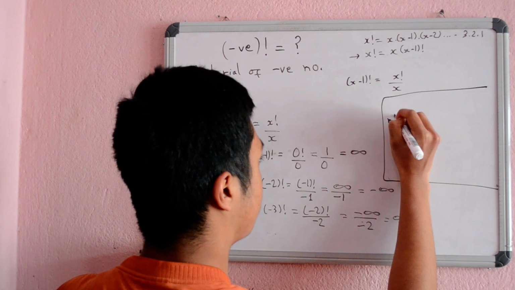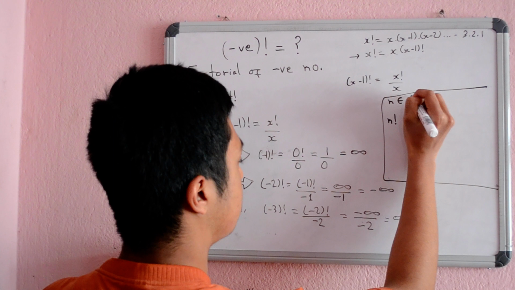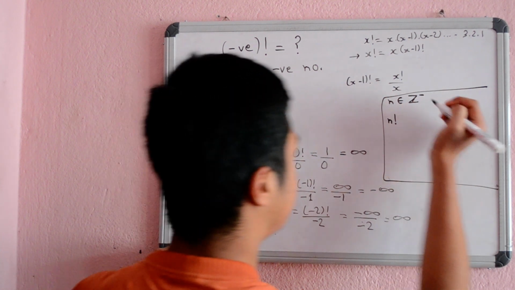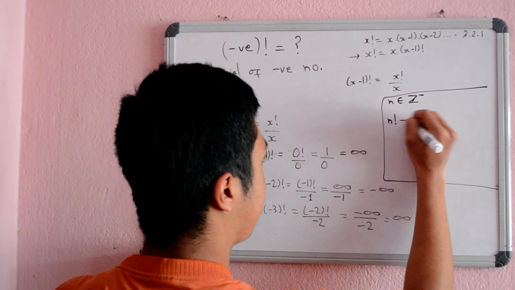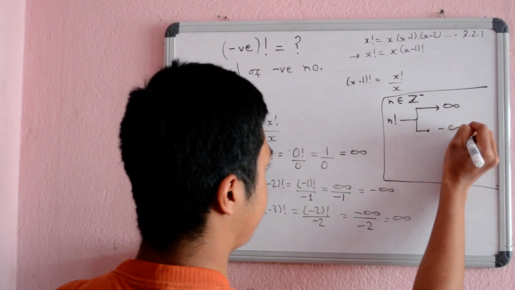So n factorial, where n belongs to the negative integers, can equal two things, either infinity or negative infinity.